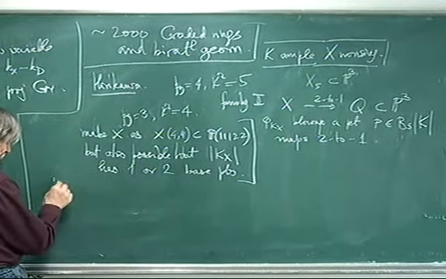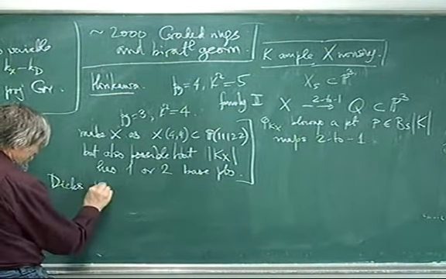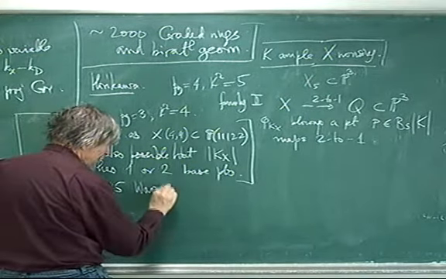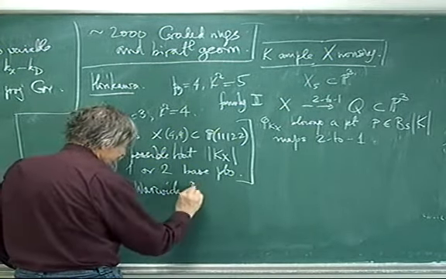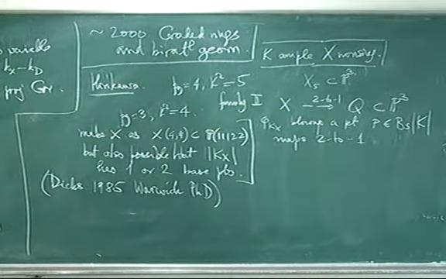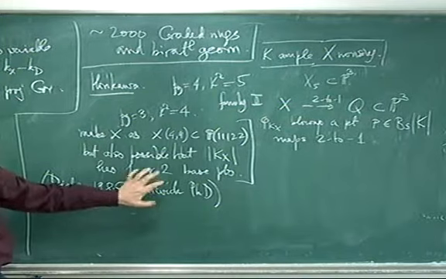I had a student called Duncan Dicks, around 1985, Warwick, PhD. And I think there are still unsolved problems. In this case, I get a codimension 4 ring, and I don't yet know everything about that ring.